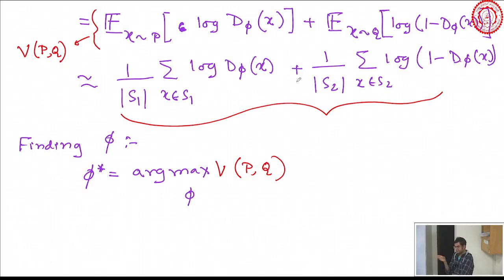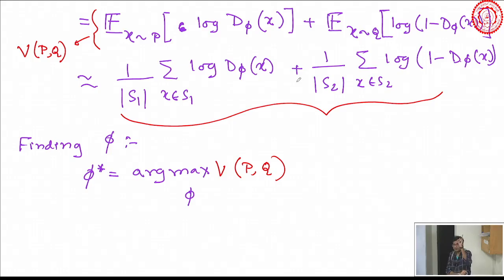You can write these two integrations together as a single integral: integration of p data multiplied by log D phi plus p theta multiplied by log of 1 minus D phi, dx. Now take the derivative of what is inside with respect to D.